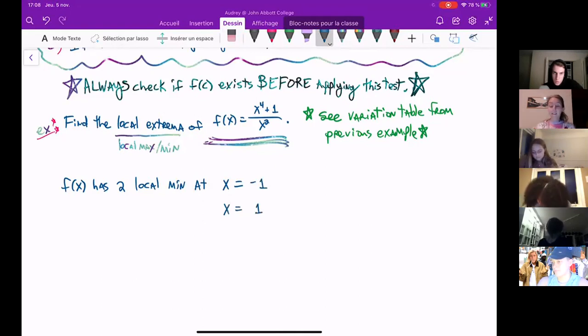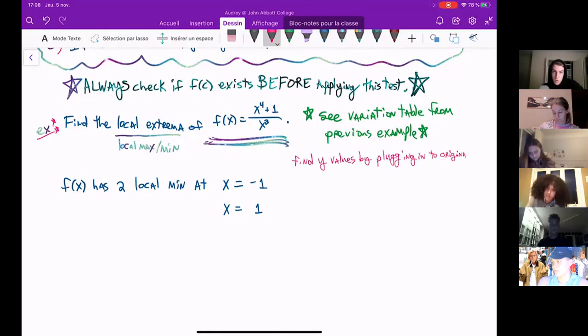When we are asked to find local extrema, though, we always want to find the y values. So we're going to find our y values by plugging into the original function. So here I'm going to be looking at f of -1.